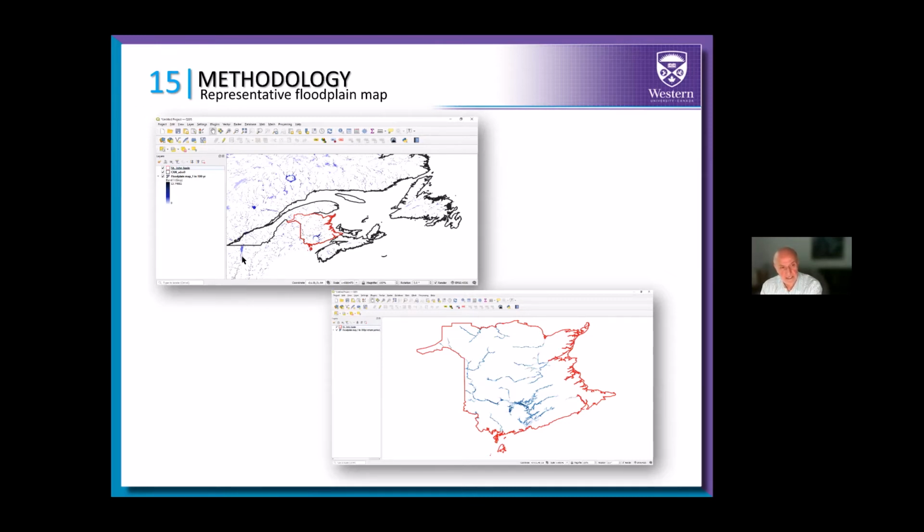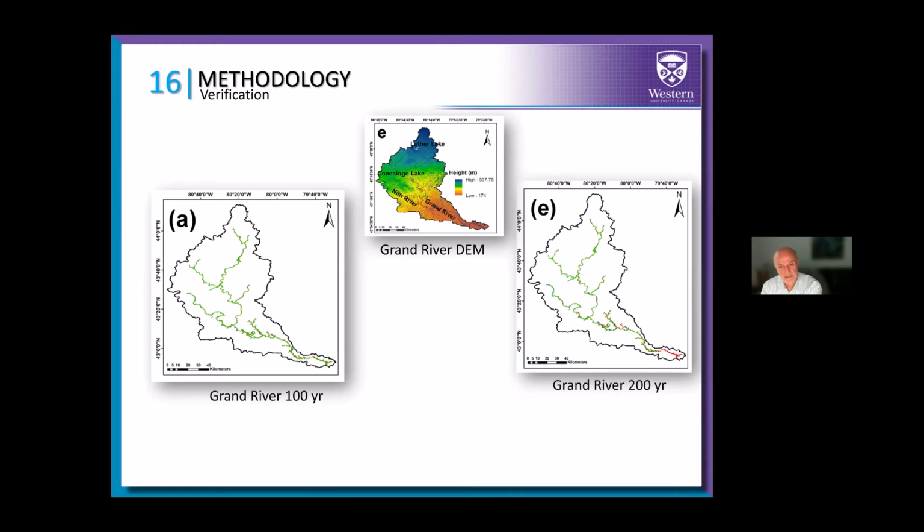What you see are the 100-year and 200-year flood inundations. The green color represents the model. The red color, which appears underneath, represents the existing maps. And as you can see, there is no 100% overlap.